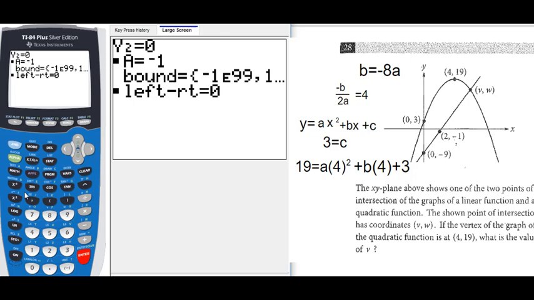When a equals negative 1, b will be negative 8 times negative 1, which means 8. So I will write down, now I got a equals negative 1, and b will be 8.